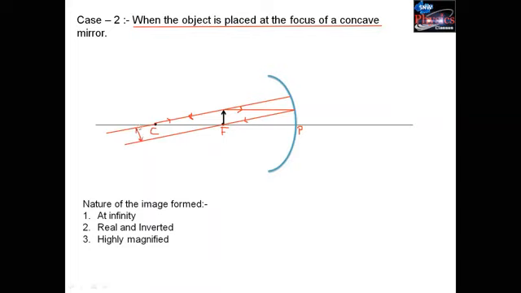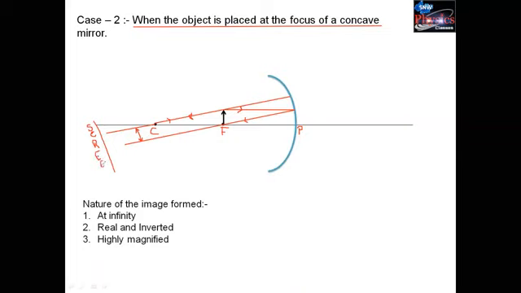It means we have to put a screen here. ठीक है, यहाँ पे दोनों रेज को मीट कराने के लिए हम लोगों को क्या करना होगा, we have to put screen here, और उस स्क्रीन पे इमेज फॉर्मेशन होगा, ठीक है.